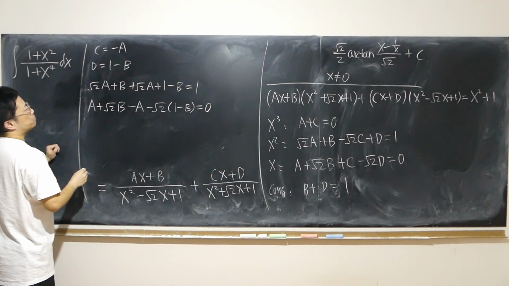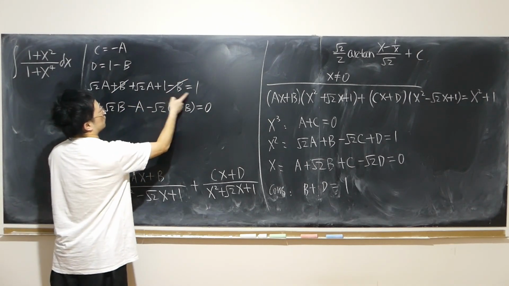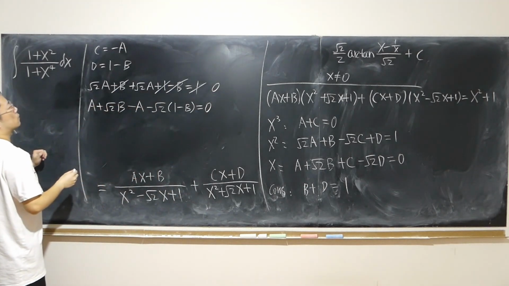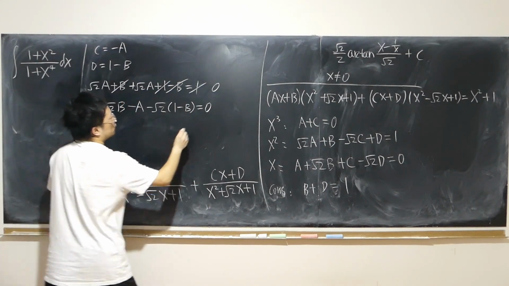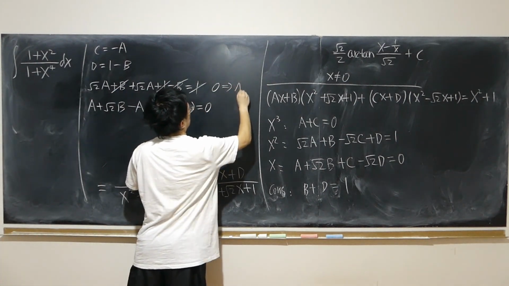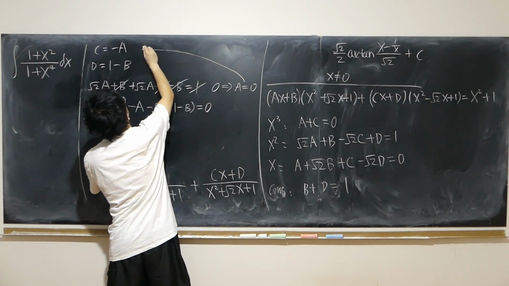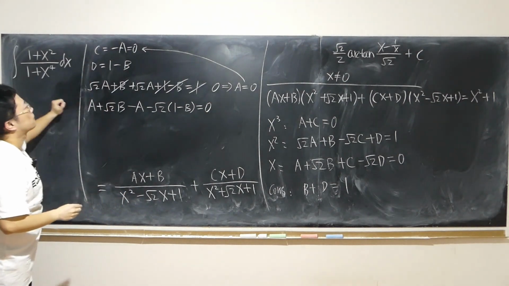And of course, plus b minus b, plus 1 plus 1. And a should be equal to 0, which means c should also equal 0.